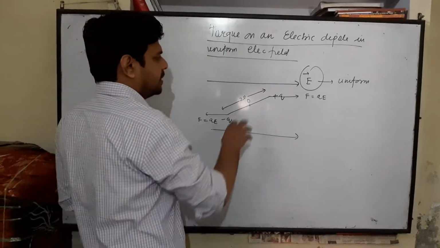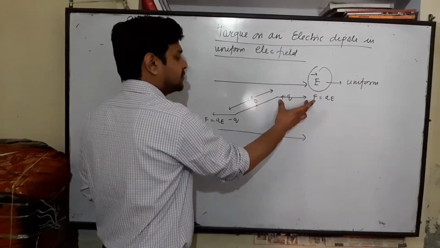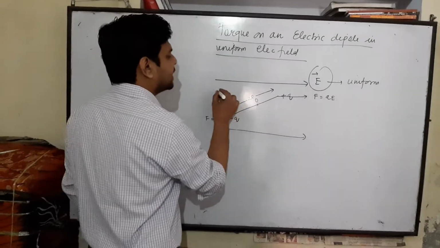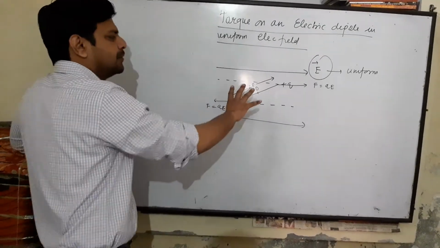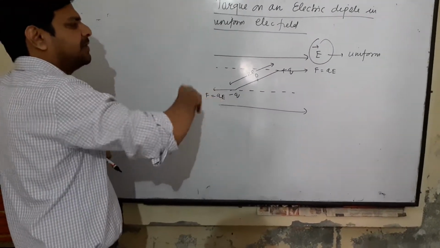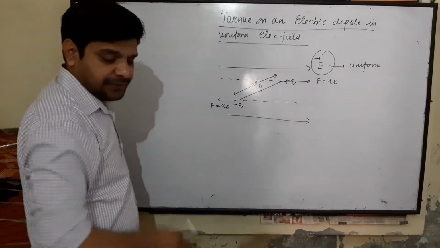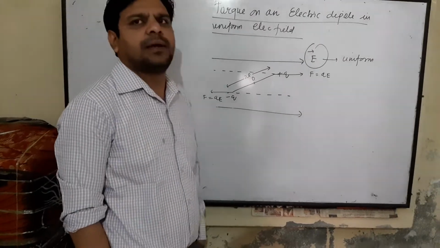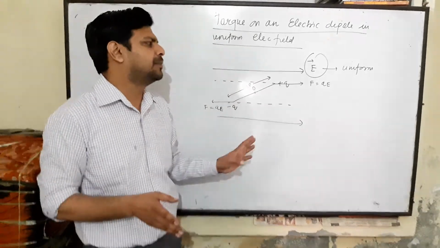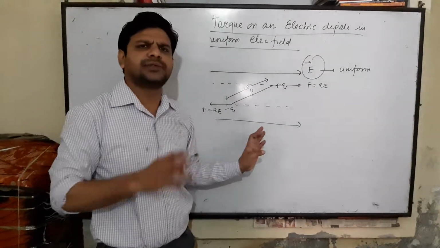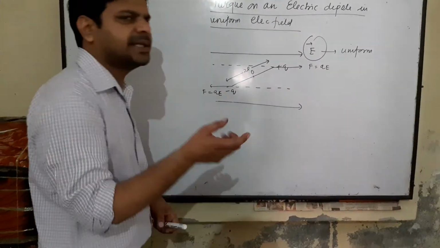The line of action of this force is along this line and the other along this line, so they will produce some torque and try to rotate the dipole in the uniform electric field. So if we place an electric dipole in a uniform electric field, the net force on the dipole is 0, but it experiences some torque.